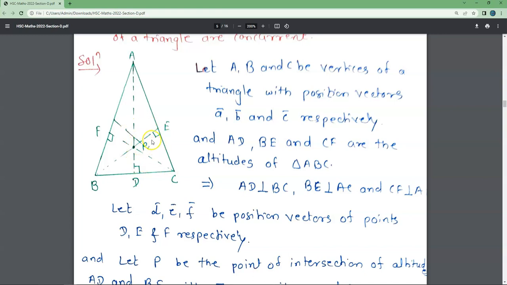So that proves all 3 altitudes are going through the single point.